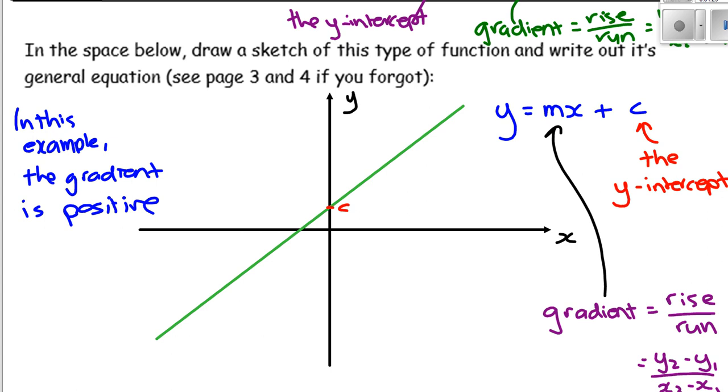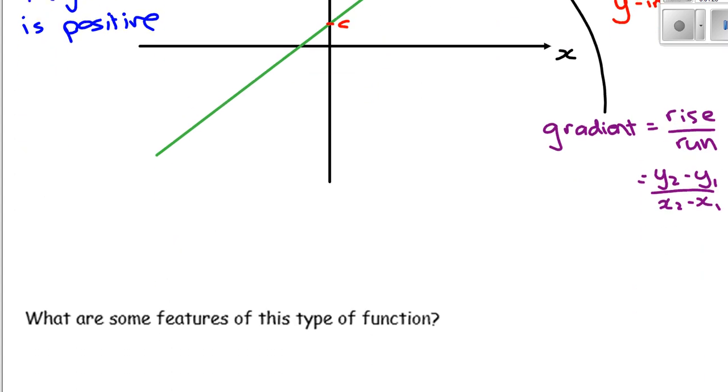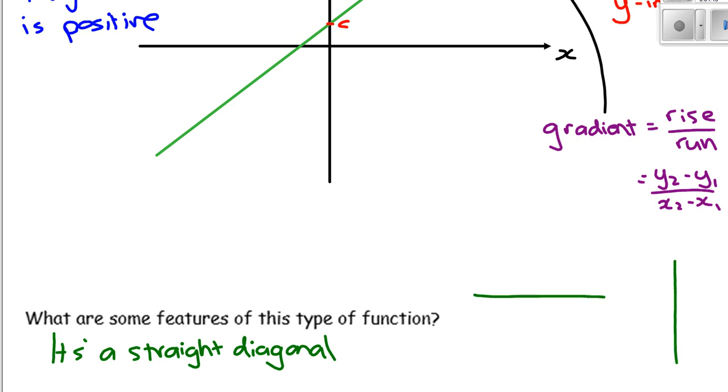Down below it says, what are some features of this type of function? It's a straight diagonal line. Some people might ask, what if it was a horizontal line? In that case, it's not a linear function anymore, it's a constant function. If it's a horizontal line or a vertical line, it's no longer linear, because it's either got a gradient of 0 or an undefined gradient.